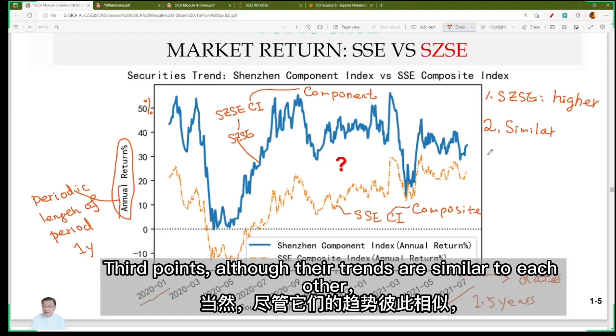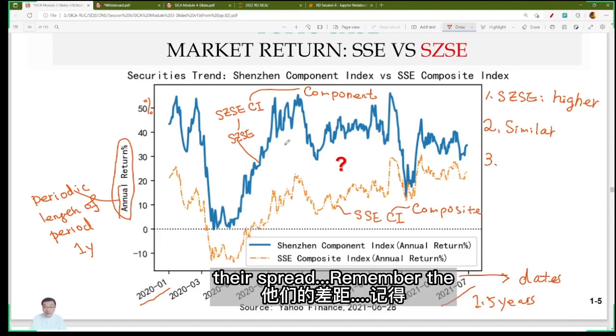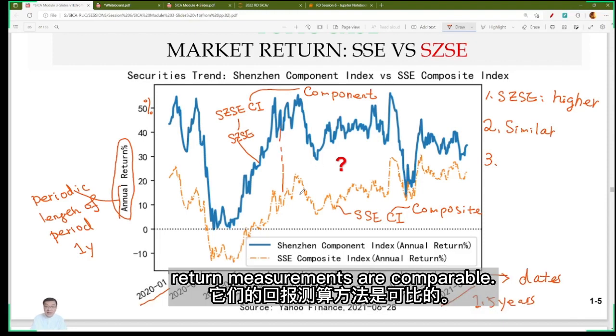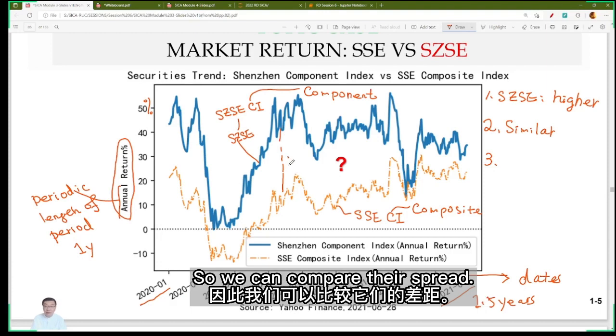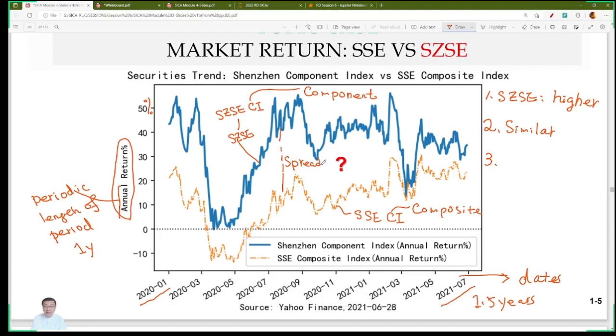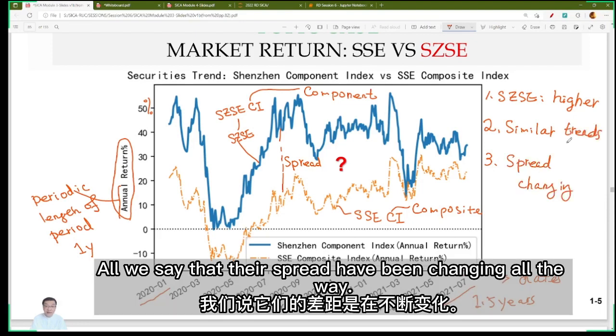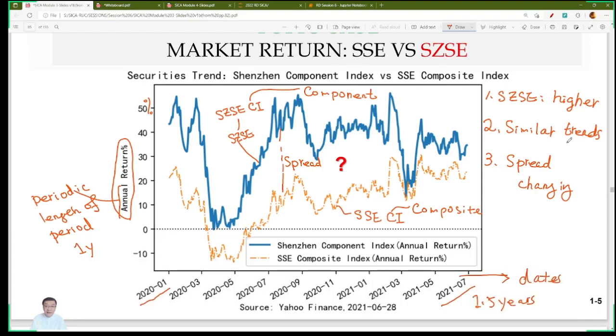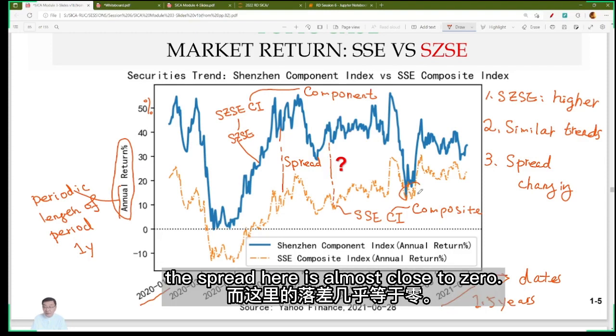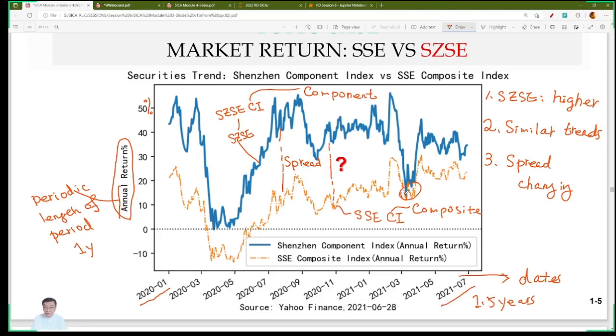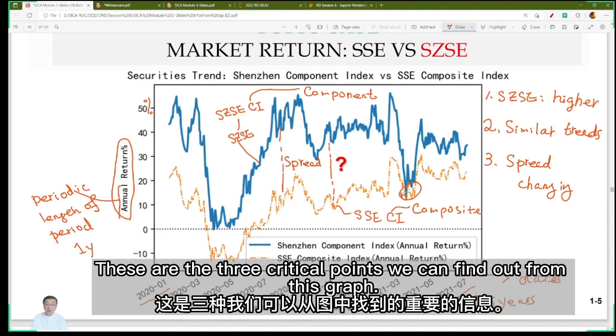Third, although their trends are similar, the spread, remember that return measurements are comparable, so we can compare their spread. The spread is changing, or we say that their spread has been changing all the way. Here we have a big spread, while the spread here is almost close to zero. These are the three critical points we can find out from this graph.